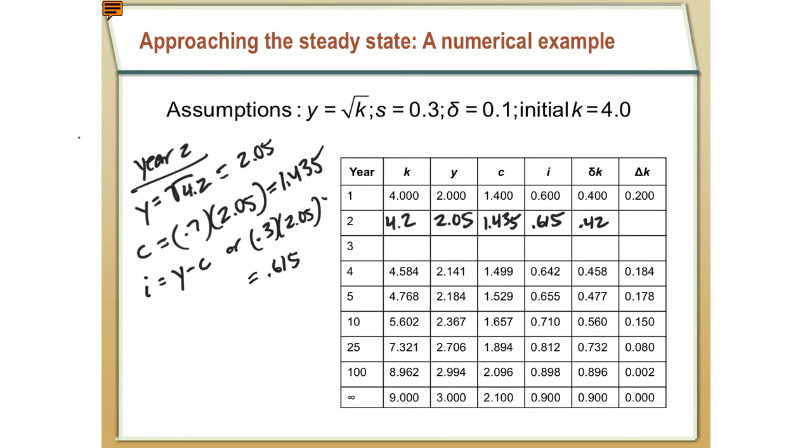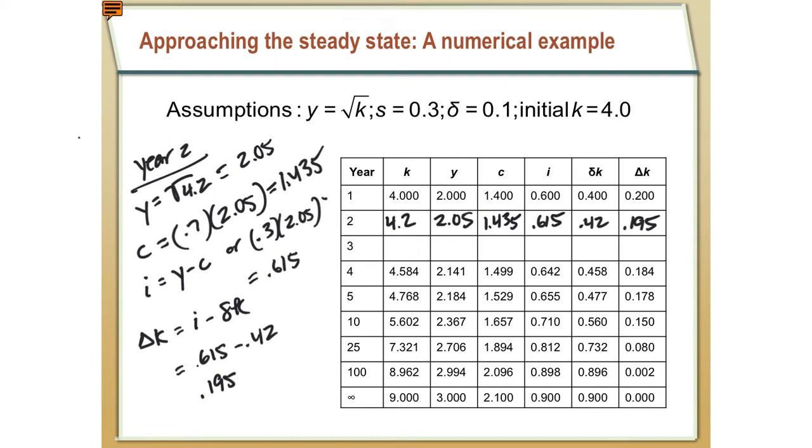Then the net change is I minus delta K, which is 0.615 minus 0.42, and that turns out to be about 0.195. All right, so that's year 2.